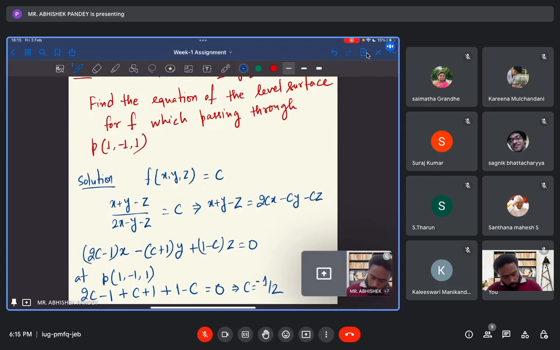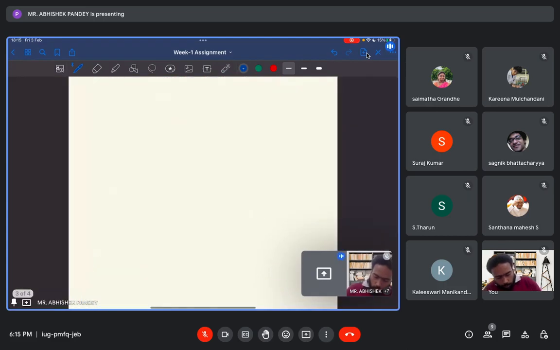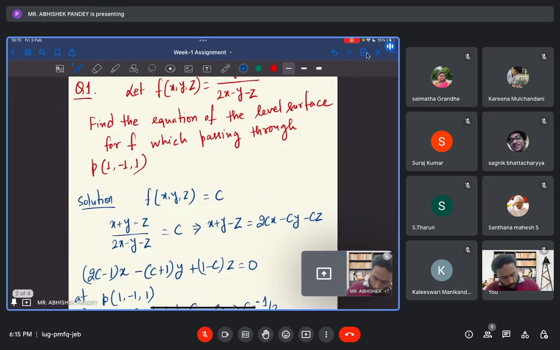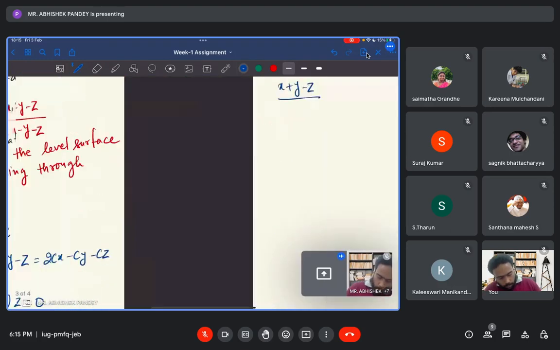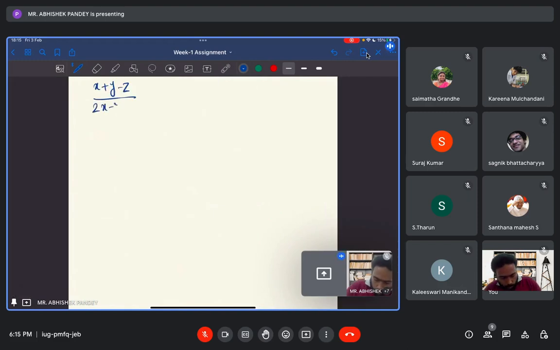So the equation of the level surface will be x plus y minus z upon 2x minus y minus z equals minus 1 by 2. This will give you 2x plus 2y minus 2z equals minus 2x plus y plus z.